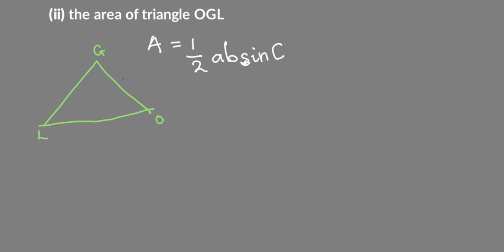We've got L here, we've got O, and we've got the angle here, which will be represented by G. Therefore, area is equal to half LO sine G.